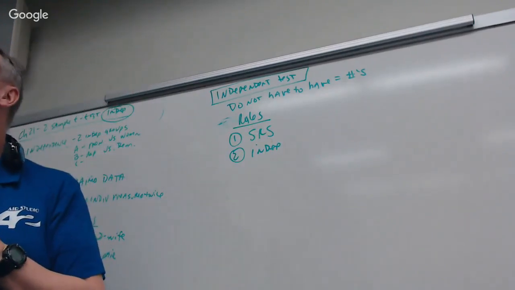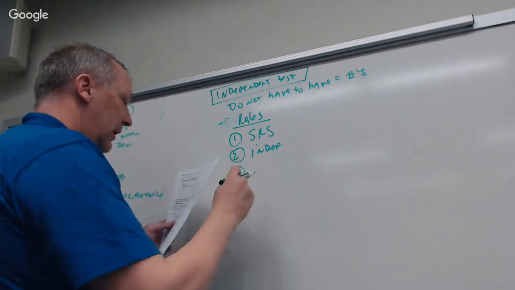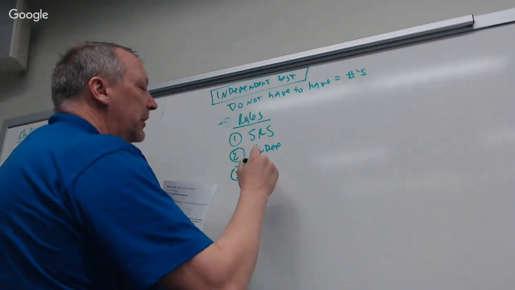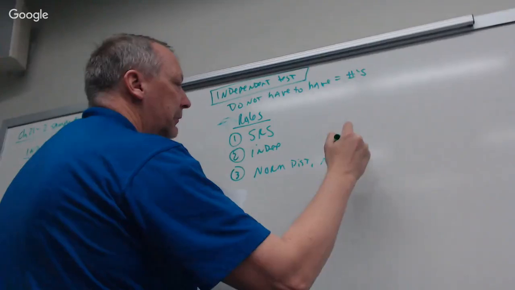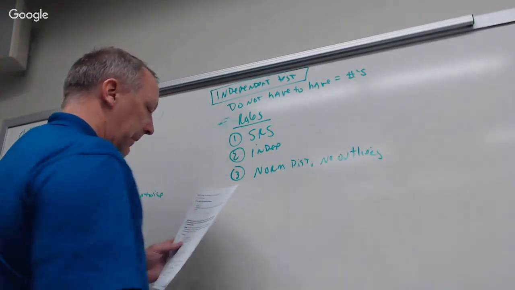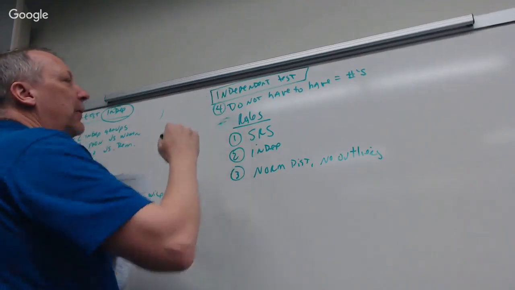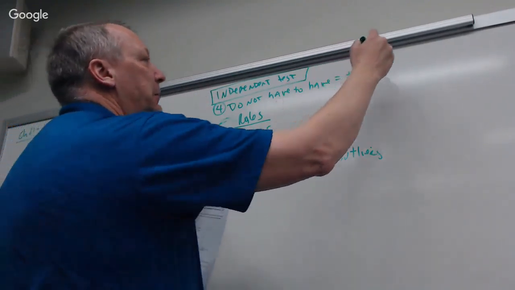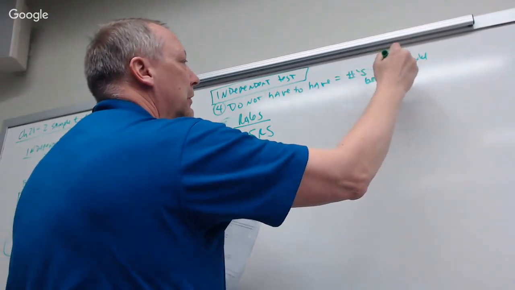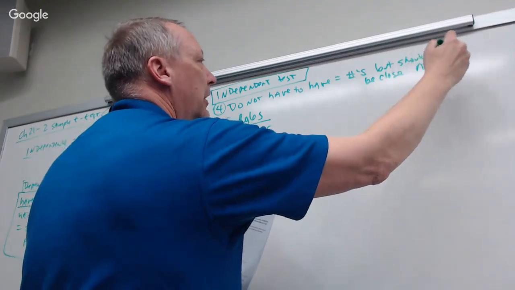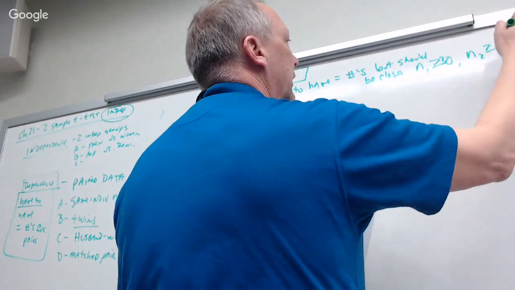I can tell you guys are struggling with that. Number three, they must be normally distributed with no outliers. Number four, the sample sizes do not have to be the same numbers, but should be close. And n1 should be greater than or equal to 30, and n2 should also be greater than or equal to 30.